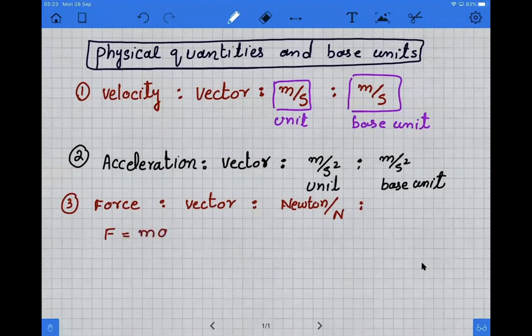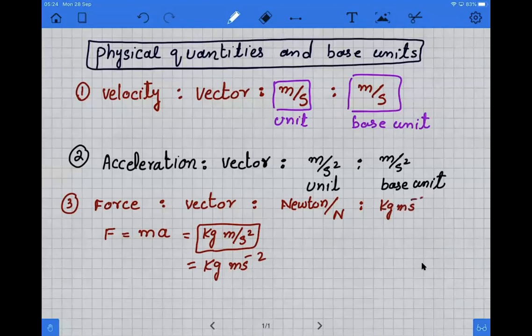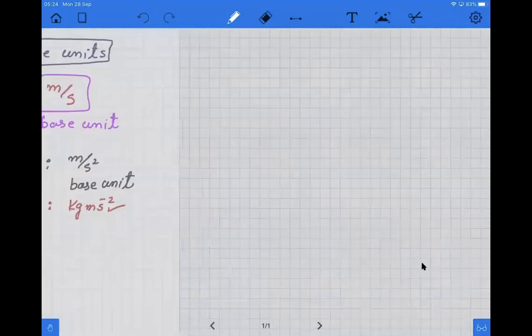Force can be written as mass times acceleration. Mass is kilogram and acceleration is meter per second square. So it will become kilogram meter second minus 2. So the base unit of force is kilogram meter second minus 2. This is the third quantity that we have to complete.